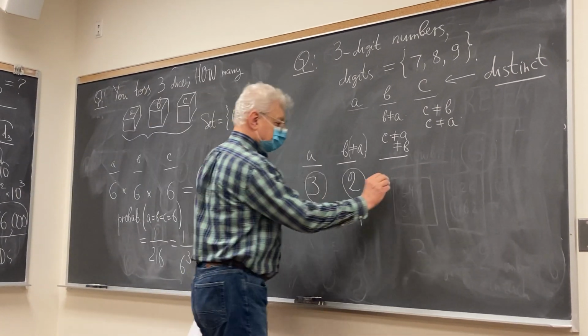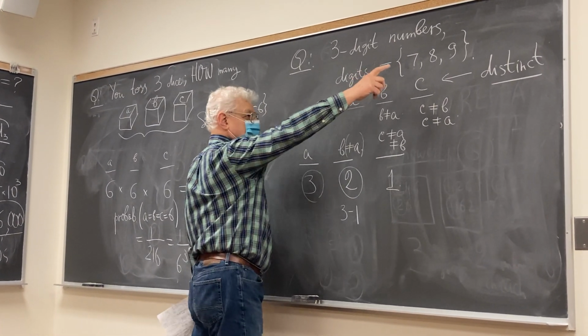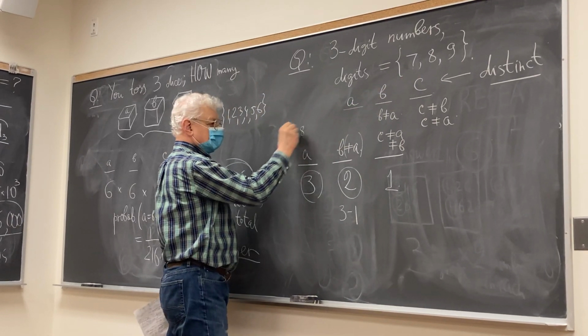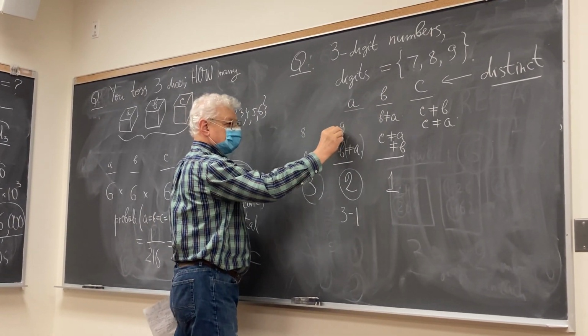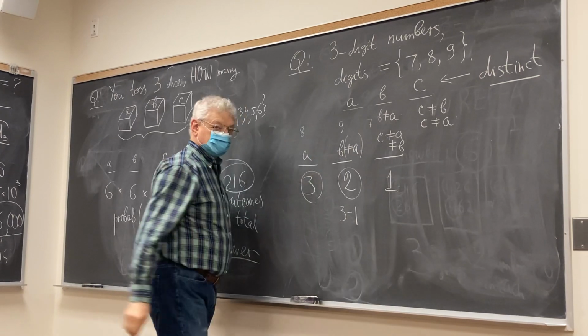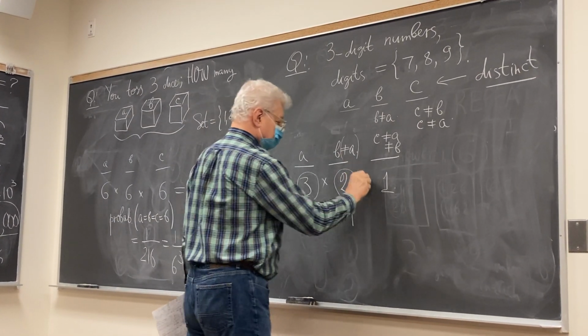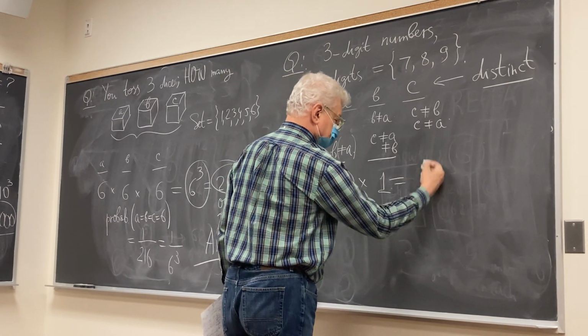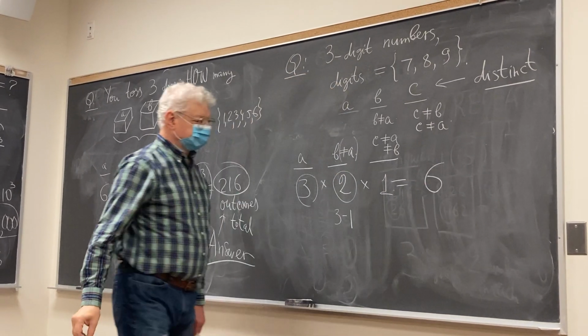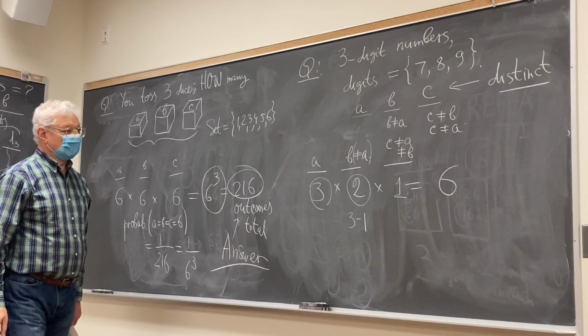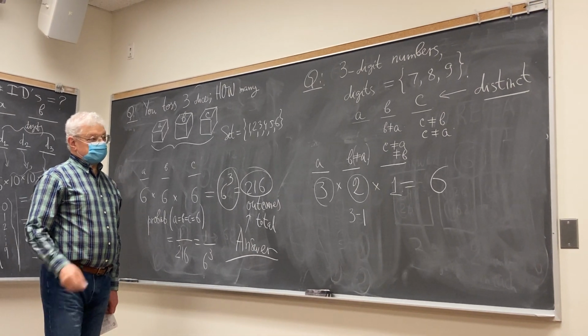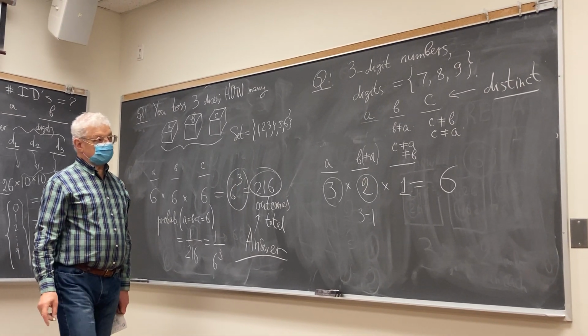Only one possibility, right? For example, if you choose here 8, then you choose say 9, then the only possibility is to choose 7. One possibility. And so the answer will be 3 times 2 times 1. It will be 6.